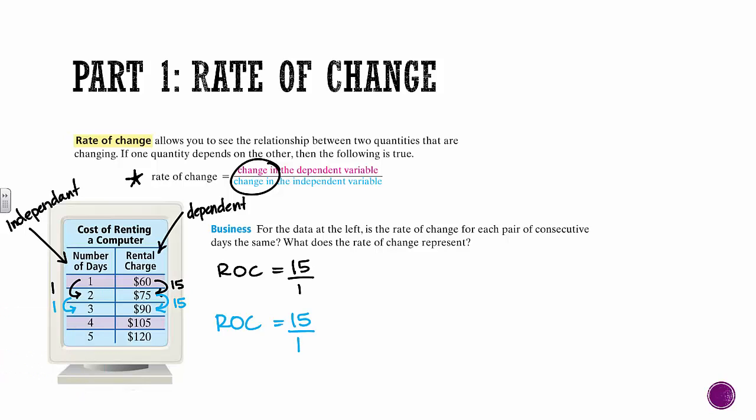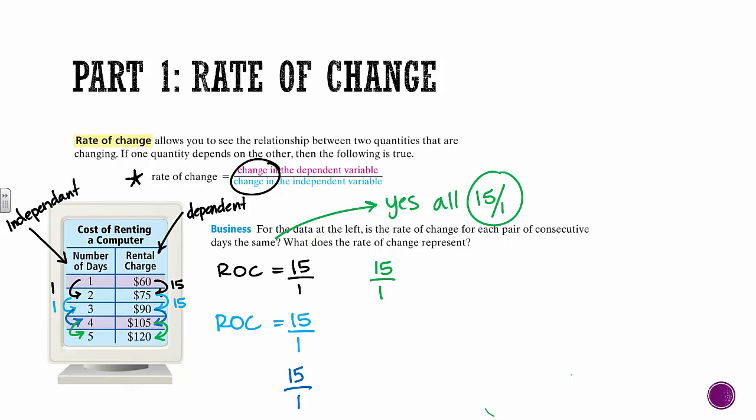And it asks us to do that for all of these. So 90 to 105 and 3 to 4 is still 15 over 1. And 105 to 120, we're going to do 15, and day 4 to day 5 is still over 1. So is the rate of change the same? Yes. All 15 divided by 1.